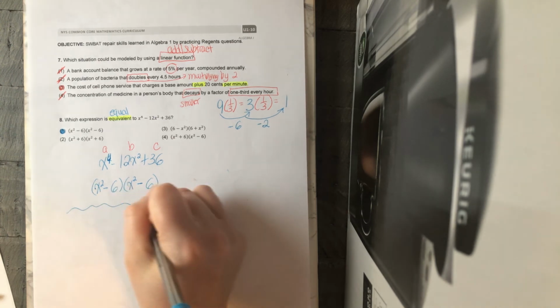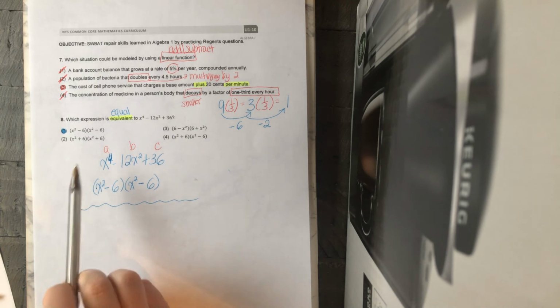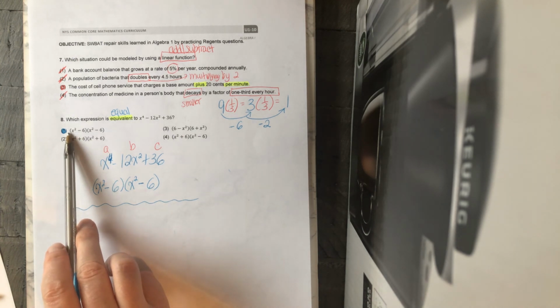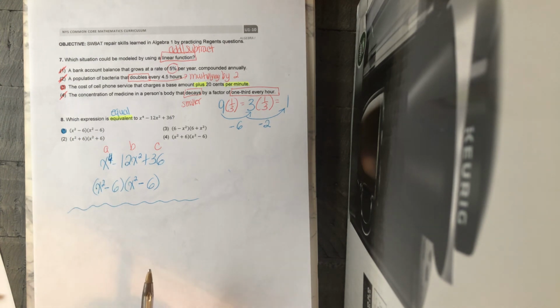Another method that you could have used, which is pretty lengthy, especially if you don't have a calculator at home. So this is no calculator methods that I'm showing you right now if you do not have a calculator. So I could have also said, well, if I know that these have parentheses around them, parentheses tell me to multiply, right?